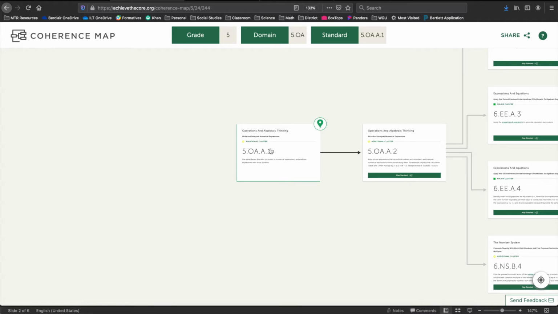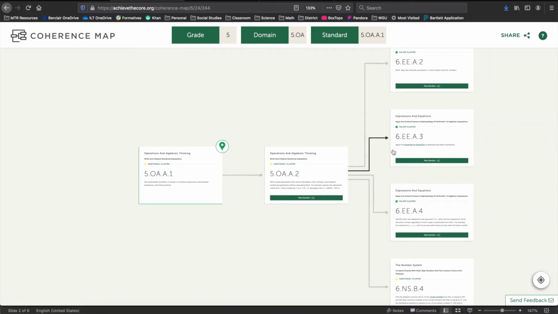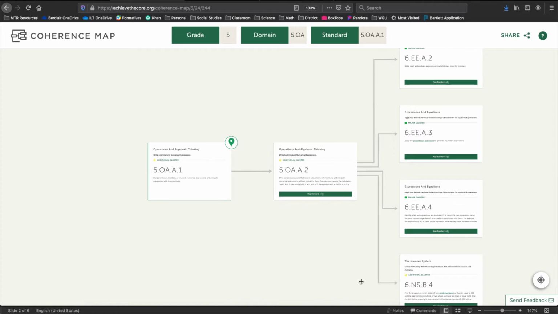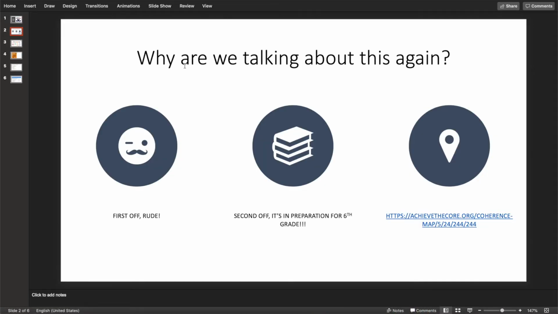So here's the fifth grade standard. That also leads to another one, but then take a look over here. A lot of these sixes here, what do you think these sixes represent? Yeah, they represent sixth grade stuff. So a lot of this stuff that we've talked about time and time again, dealing with PEMDAS, you're going to be involved with for several years to come.